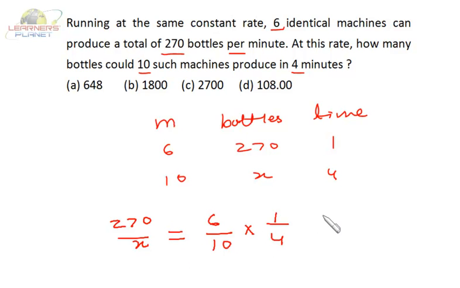It's very easy now. So x is equal to 20 into 90, that is 1800. That means 1800 bottles can be produced by 10 machines in 4 minutes. Very simple problem, friends. Just we have to apply our experience or common sense.